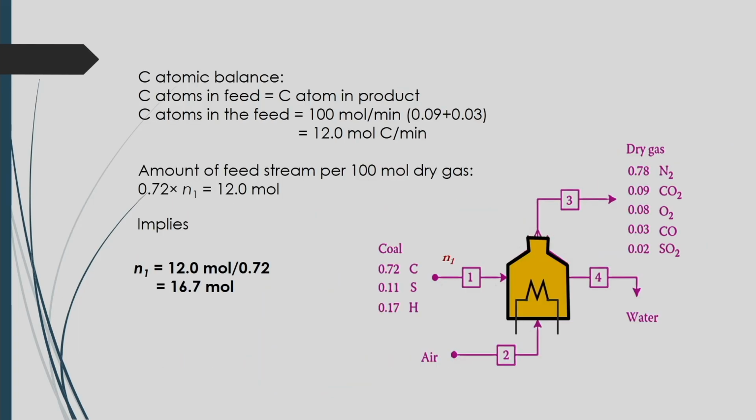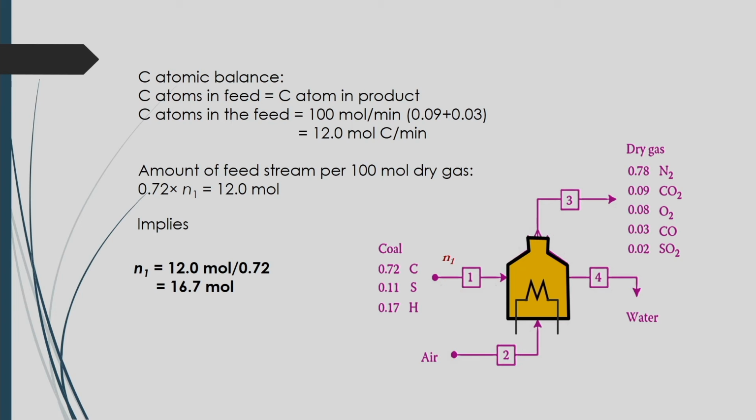And then if you do the carbon atomic balance for this system, the carbon atoms in the feed will be equal to carbon atoms in the product. So this is your in is equal to out for the carbon atoms. Now, what is the amount of carbon atoms in the feed?